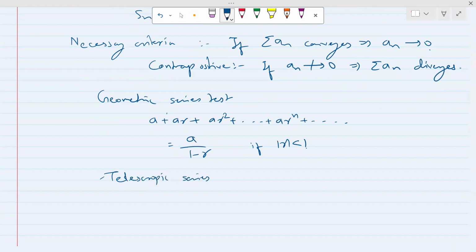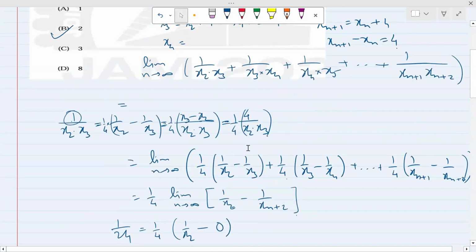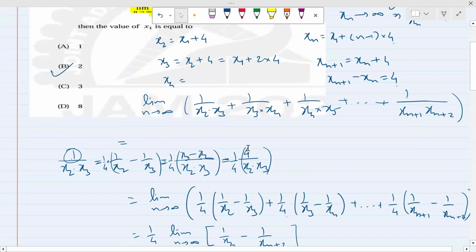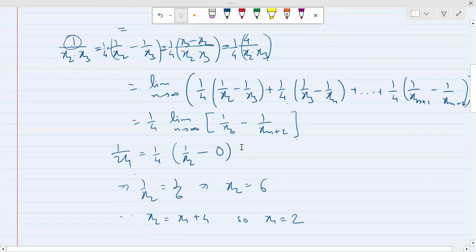Then we have the alternating series and the telescopic series. Such a series can be broken the way we have written in the above example. We have written 1 upon x2 into x3 by using partial fractions as 1 upon x2 minus 1 upon x3.